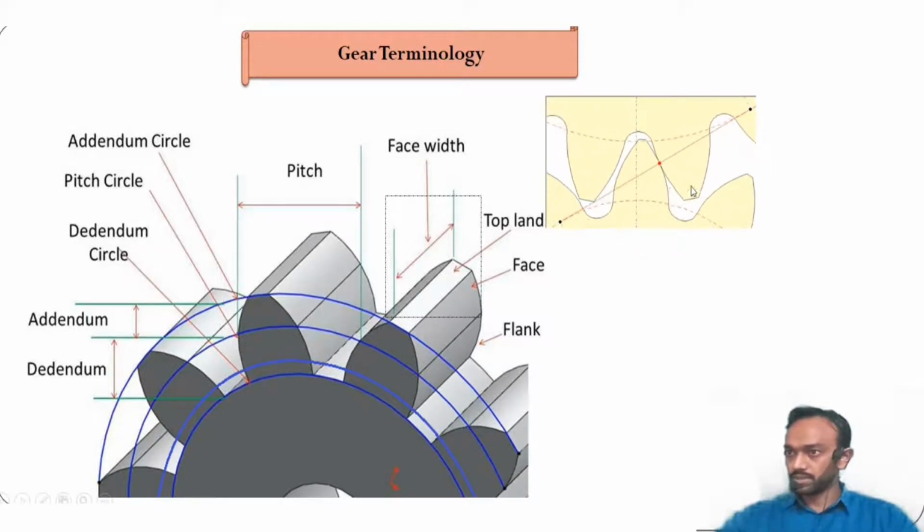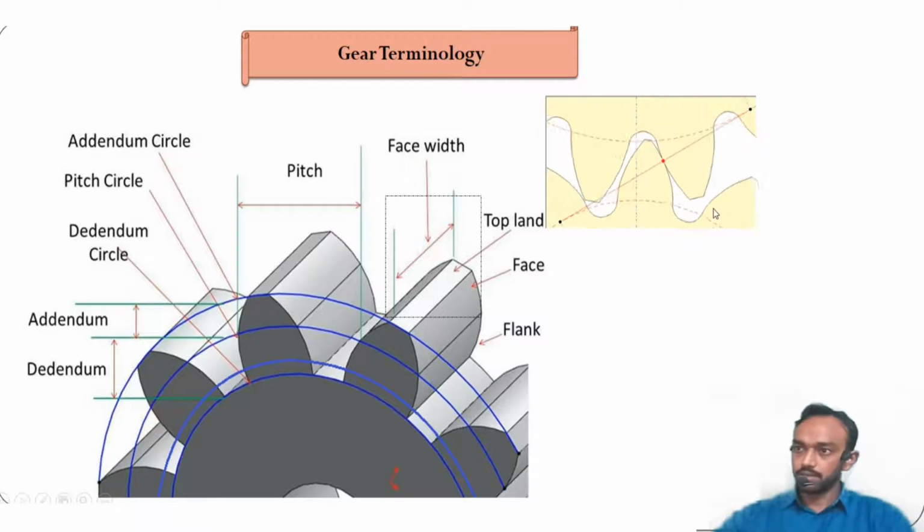You can see there is some minor clearance, so the gear can move easily and work properly despite heat and thermal expansion. If we don't keep the backlash, the gear will jam.